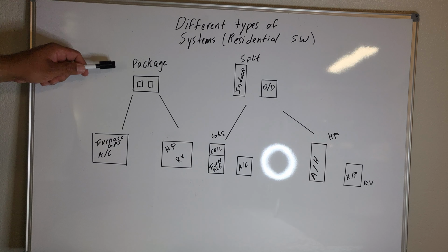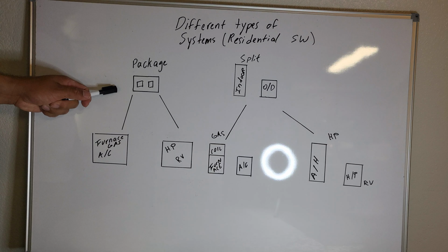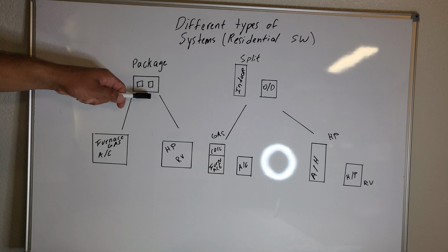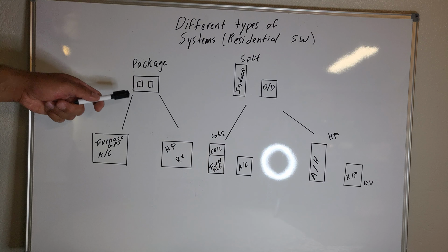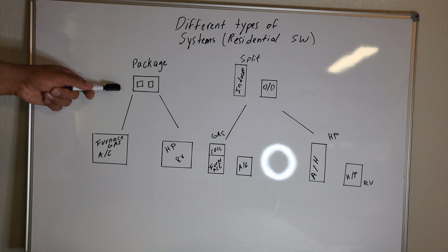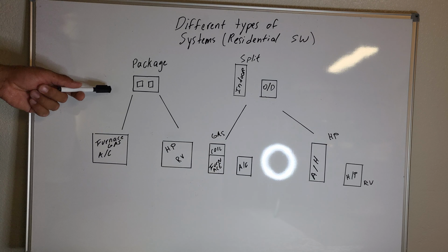You need to understand that there's a package unit and there's a split unit, right? Package unit, you will see them. It's a very big box, and it's got two big holes on the front of it, two big squares. It ends up being your return and your supply. That is called a package unit. This is typically found either on the roof or sometimes on the ground.